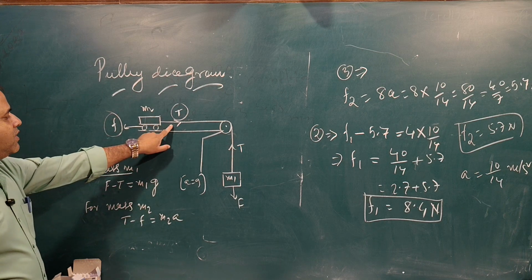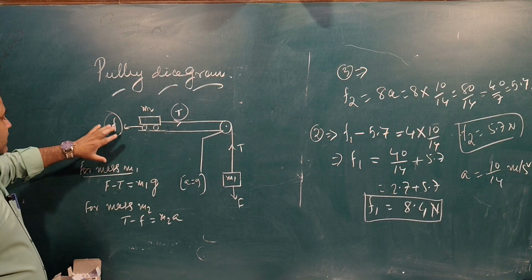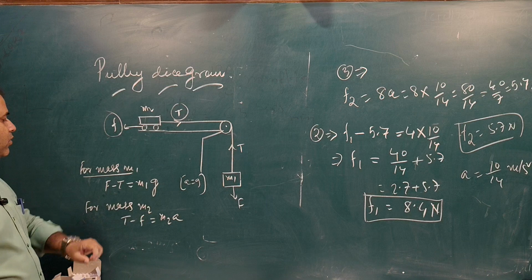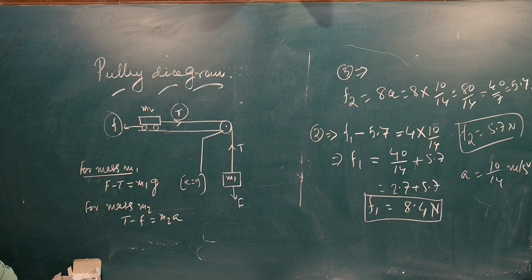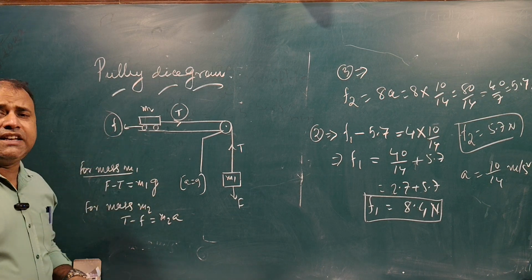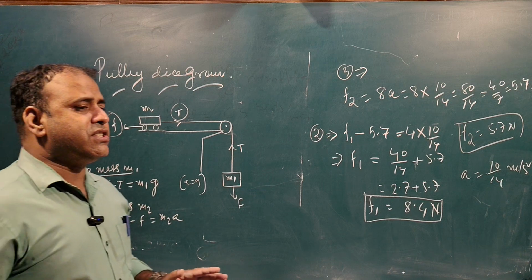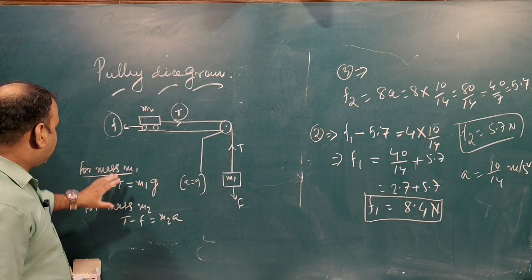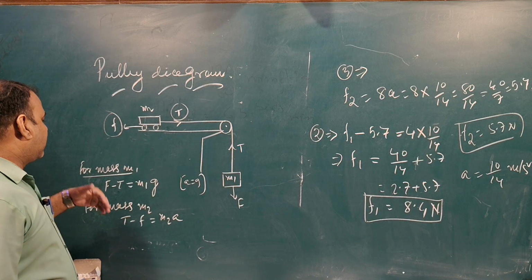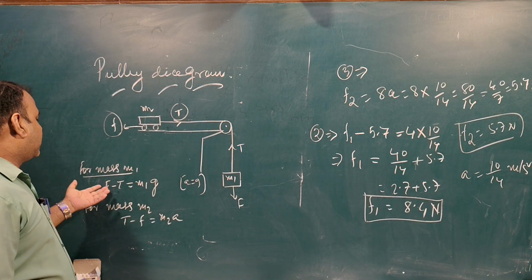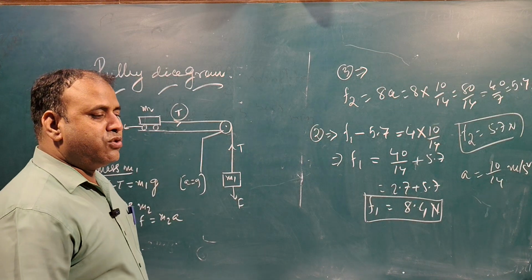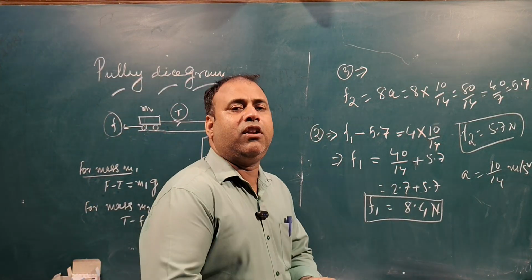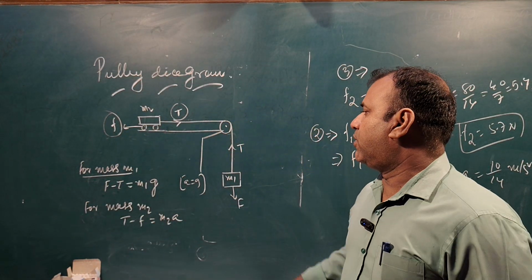Due to the primary force, secondary force is developed. That is why T minus f is equal to M2a. So in this way, we can easily write the relations, and from the given relation, we can calculate the value of tension, the value of acceleration, and the value of applied force. So we can easily find all the values after knowing this formula.